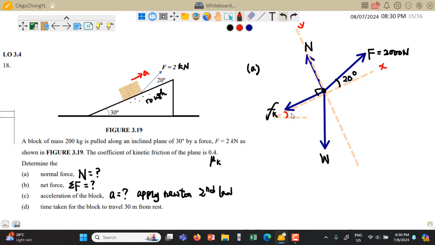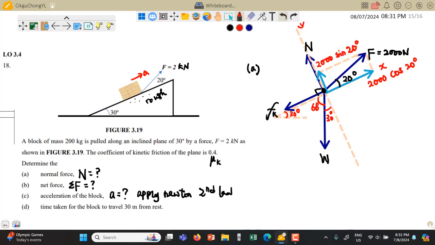Given the angle of the inclined plane is 30 degrees, because this is a right triangle, here will be 60 degrees, then here will be 30 degrees. Now we can start to resolve the forces. We can resolve F into two perpendicular components, X and Y. The component X is 2000 cos 20, and component Y is 2000 sin 20.